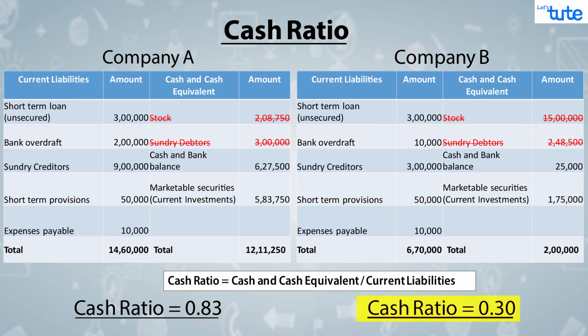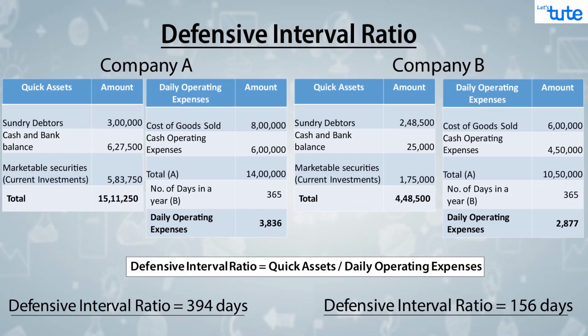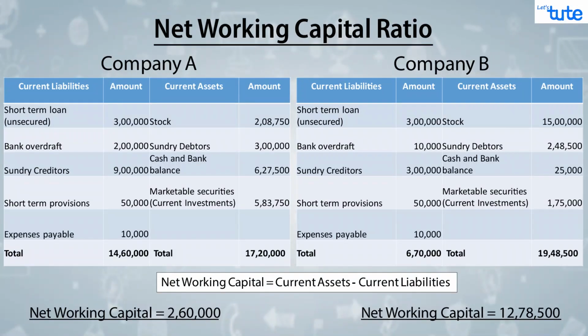Now company B is having very small cash ratio of 0.30 as compared to ratio of company A, which is 0.83. Next is defensive interval ratio, which shows company B will be able to survive for 156 days compared to 394 days by company A without having access to non-current assets. Lastly, net working capital, which is higher in company B compared to A.